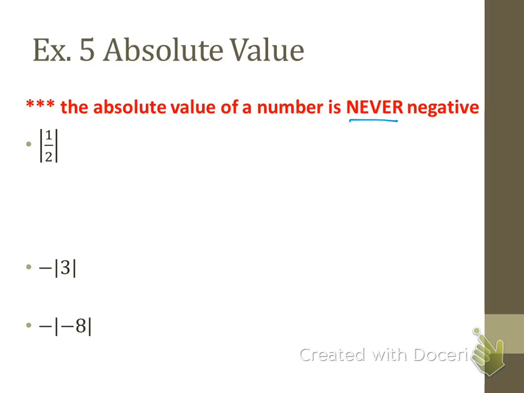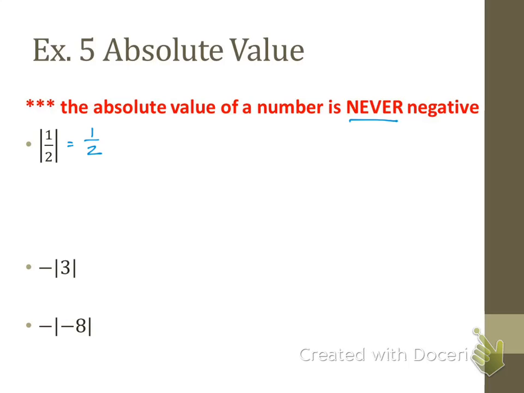So what these things are right here around the 1/2, these are what I call absolute value bars. What they tell me is the value of the number inside of the bars without any sort of sign. So it would be like our true value. So the absolute value of 1/2 is positive 1/2.